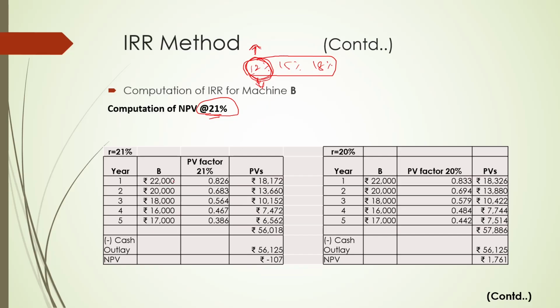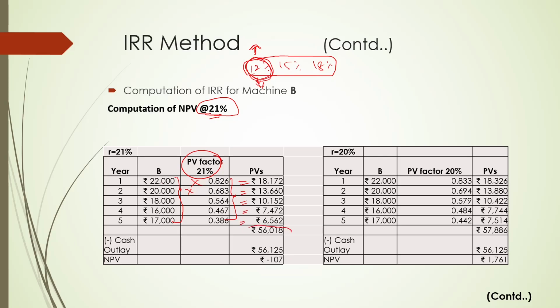Now, project B cash inflows at PV factor 21%. These are the values. I have already shown you how to collect it. Then multiply 22,000 with 0.826, and you will get this value. In the same way, multiply the second year 20,000 with 0.68. Like this, we calculate for all 5 years.